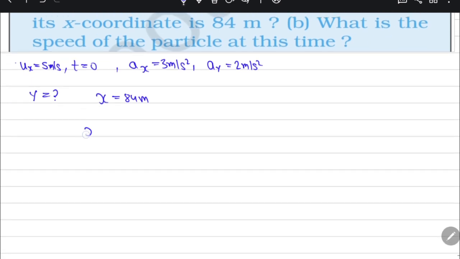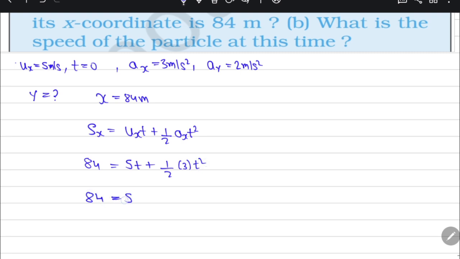So first we apply the equation of motion in the x direction: x is equal to ux t plus half ax t square. So the x coordinate is 84, that is 5t plus half times the acceleration in the x direction, 3 t square. So this comes out to be 84 equals 5t plus 1.5 t square.